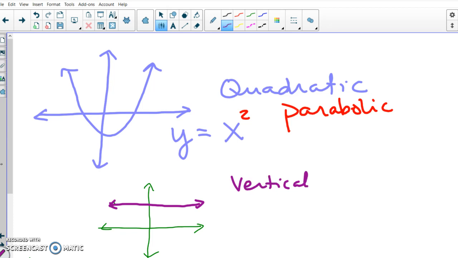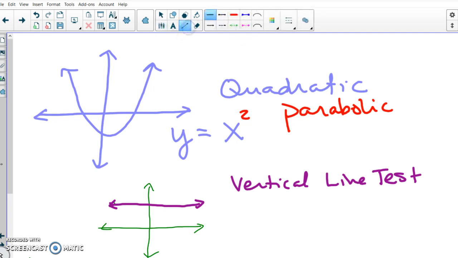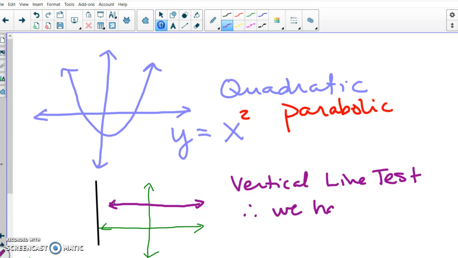Now if we take a vertical line and run it over the purple line, I can see that I only touch that line in one point. This says that we've passed the vertical line test, and therefore we have a function. That's the vertical line test.